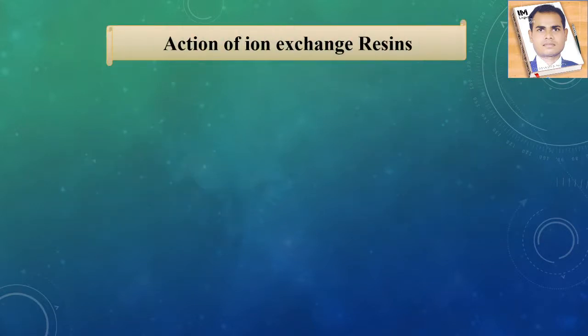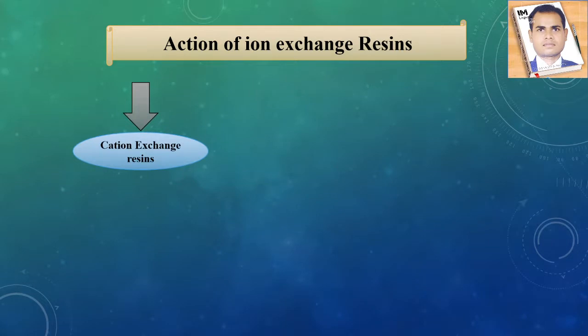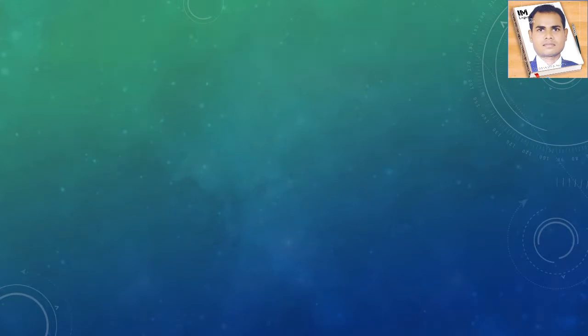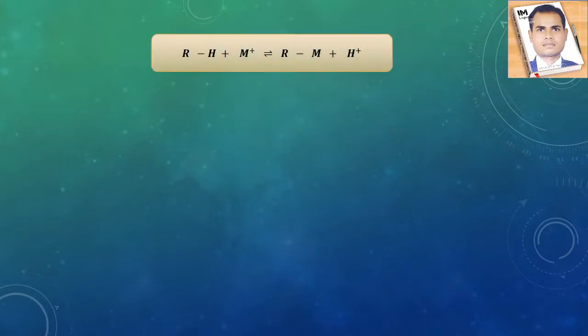Now we have to see the action of ion exchange resins, how ion exchangers are working, or how resins are working. First of all, we have to see the cation exchange reaction, and the next one is the anion exchange reaction.